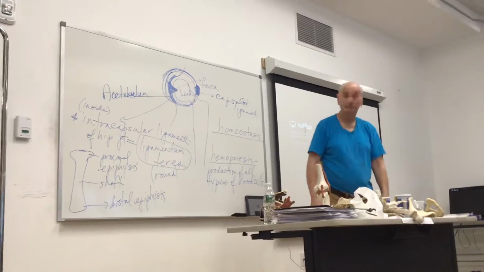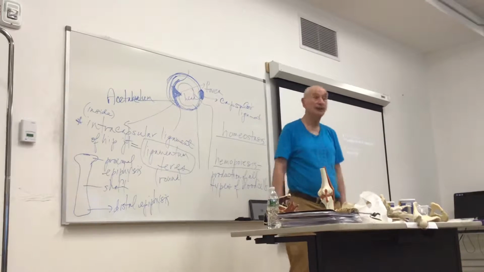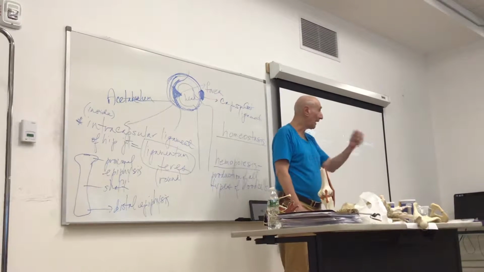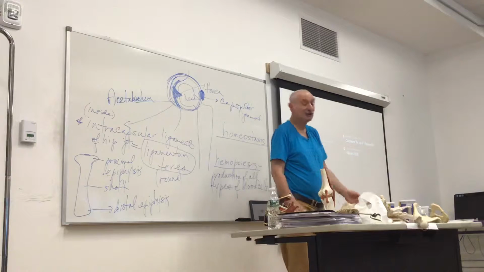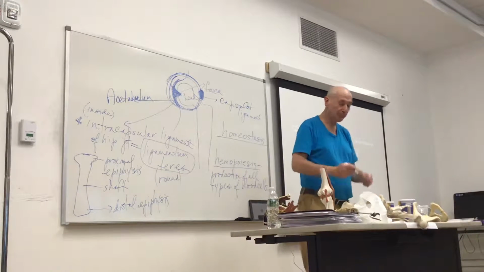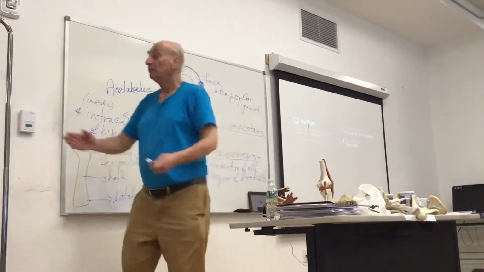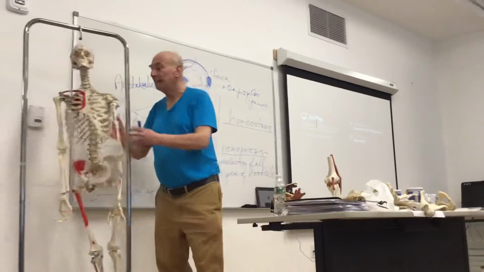Short bones are kind of cube shaped, although it might not look that way. Only carpals and tarsals, nothing else, are short bones. All carpals in the wrist and all tarsals in the ankle are short bones, but nothing else is, by shape and development. Now flat bones have a flattened shape.